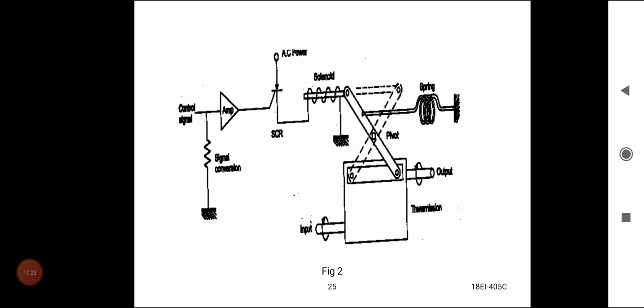So we are converting this lever position into the rotational transmission of the output. So it is a two-position, two-directional rotational transmission of the system by using a solenoid.